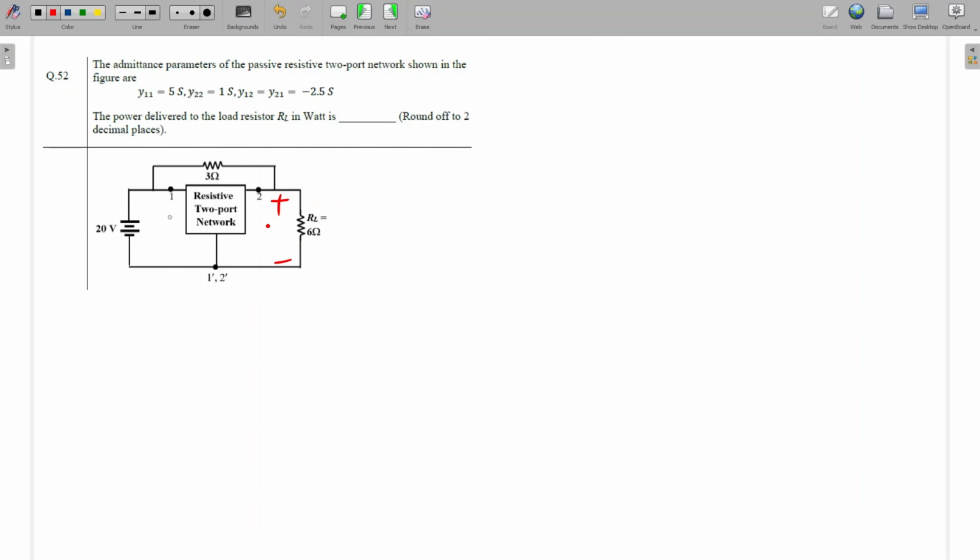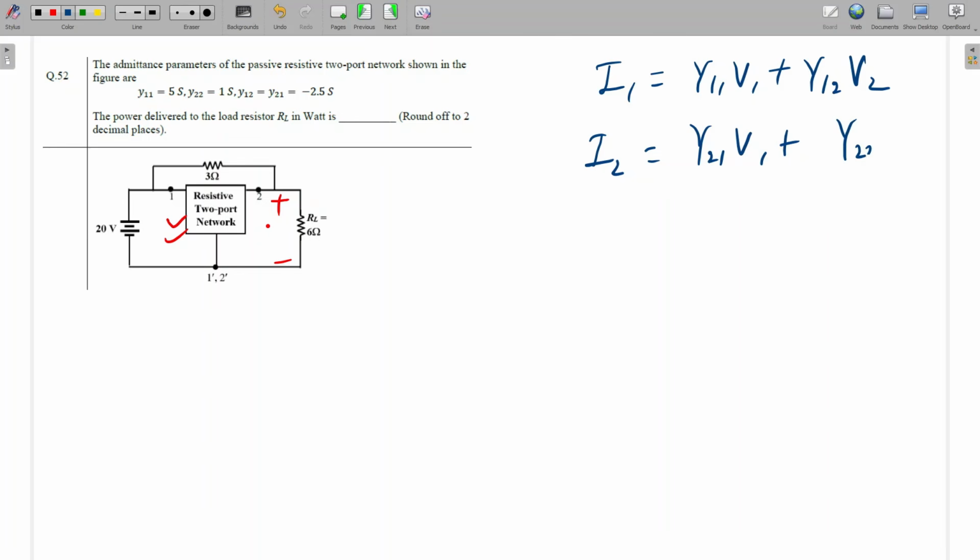First you have to write the equation of this. So what is the Y parameter equation? I1 is equal to Y11 V1 plus Y12 V2, and I2 is equal to Y21 V1 plus Y22 V2. Okay, so this I am going to represent like a network. This is one impedance branch, and this is one dependent current source.